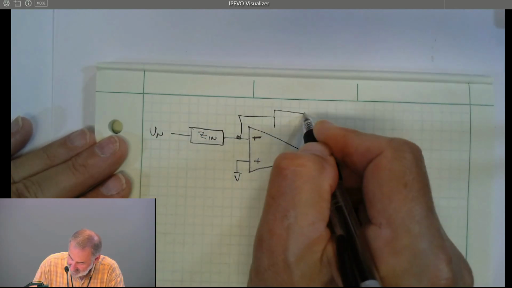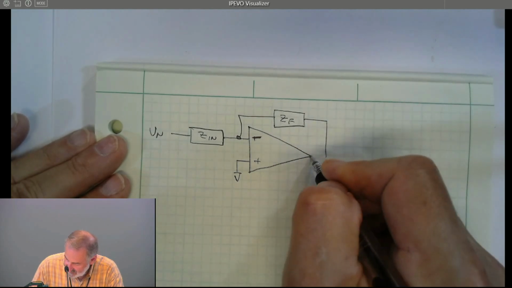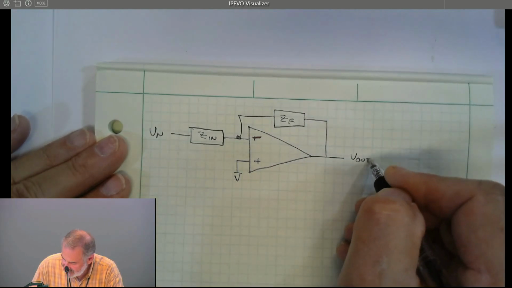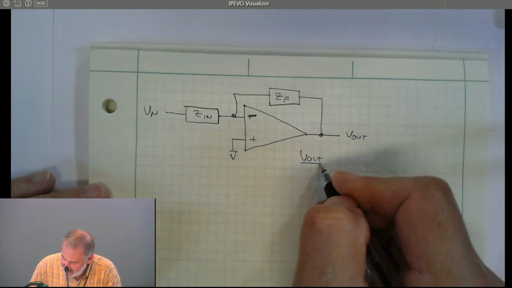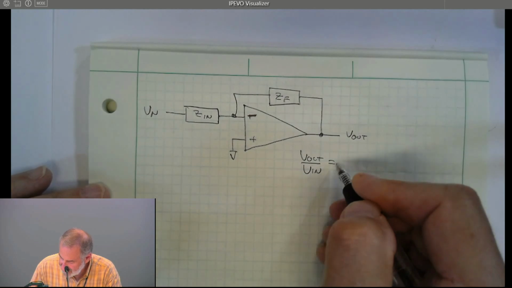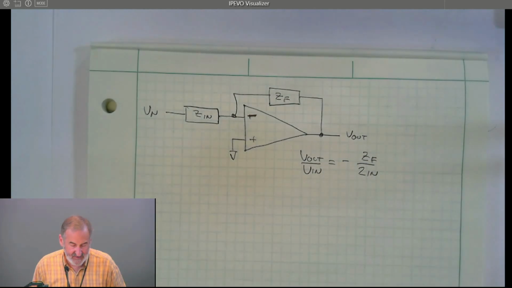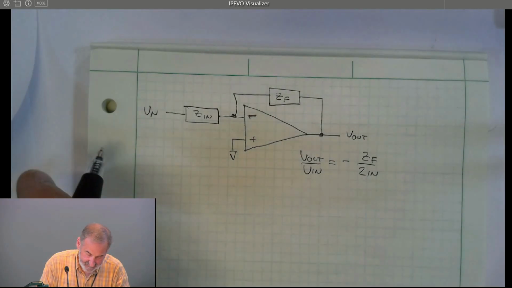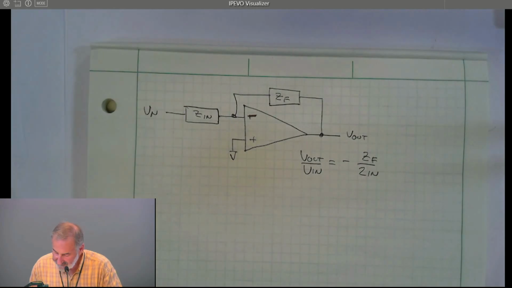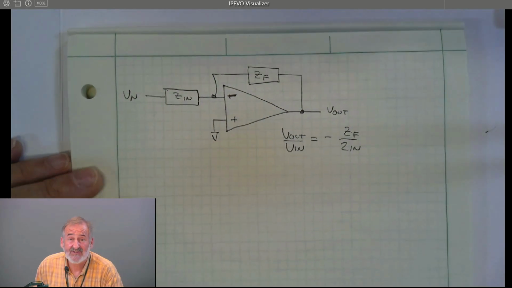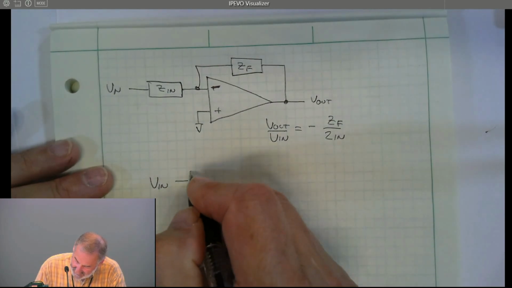We have some feedback impedance, ZF, V out. And we know that V out over V in is equal to minus ZF over Z in. Well, why did I do that? Because I don't have to use resistors. I can use other components. Let's make Z in a capacitor.